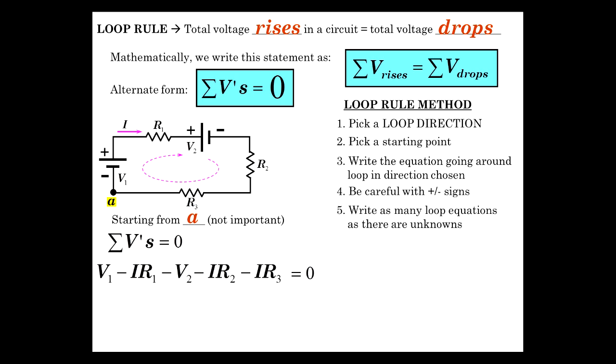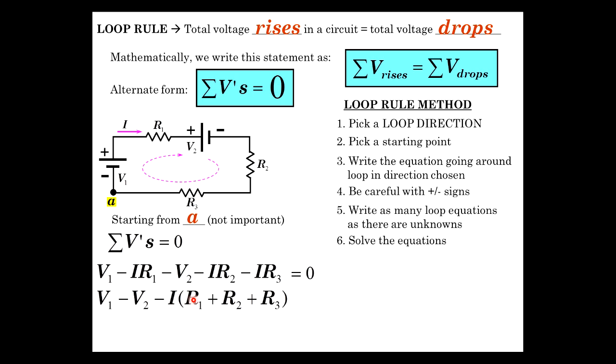All right. So there we go. Now I'm going to reconfigure this just a little bit. We have to solve the equation, so let's do it. V1 minus V2, and then we have the same current going through each of these resistances, and there's a minus in front of each one.